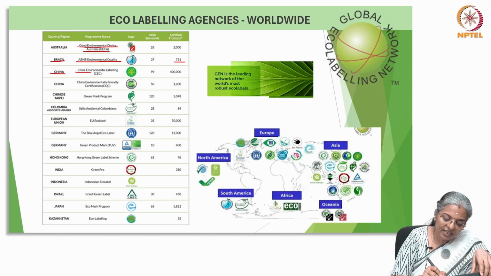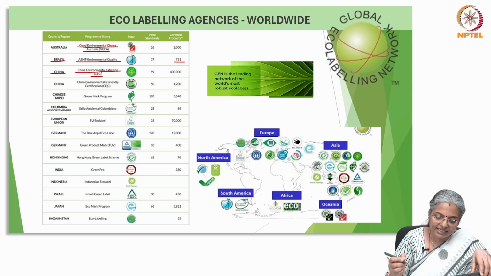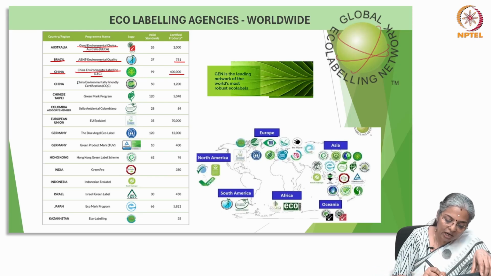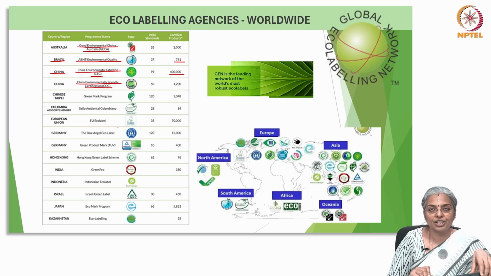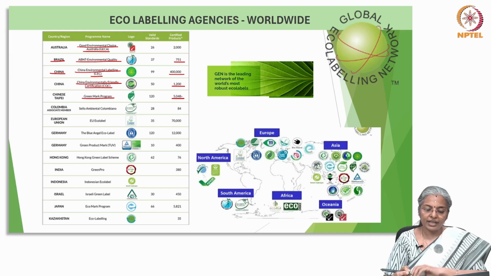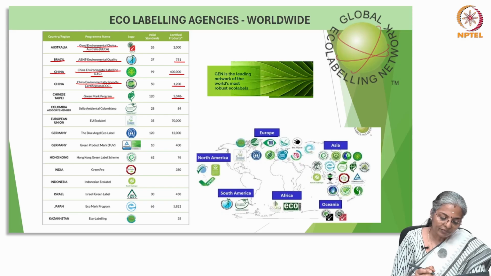China has China Environmental Labeling, CEC, and this has about 4 lakh products endorsed. China also has China Environmentally Friendly Certification, which has about 1200 products. Chinese Taipei has the Green Mark program, which has about 5048 products certified.